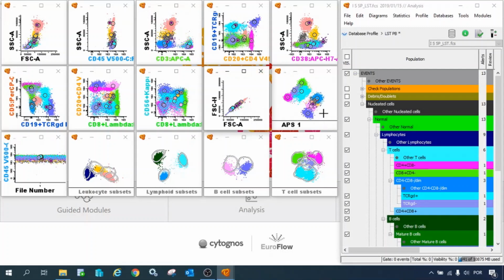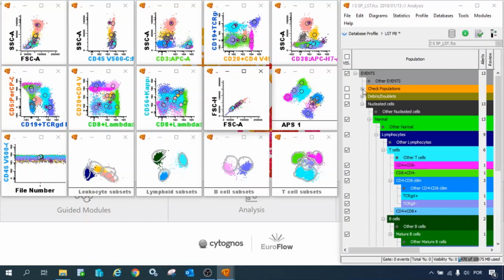The APS is very, very relevant to separate different clusters, because it takes into account all the information contained in the tube for every event, so not only the fluorescence parameters but also the scatter parameters. It's sometimes one key tool to separate different dots and to assign them to their clusters. But it's better to see than to describe.